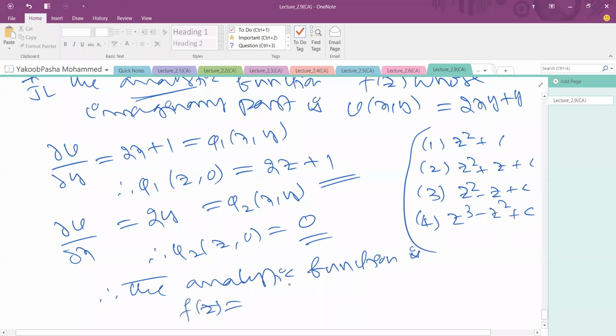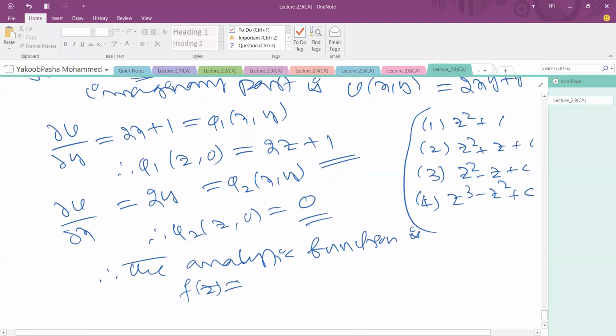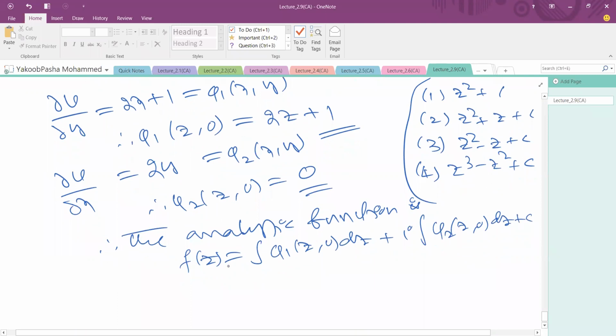I am writing the formula. First problem, so I will write the formula. Integral φ1 of (z, 0) dz plus i into integral φ2 of (z, 0) dz plus c. If there is a c, write c; sometimes c is not mentioned. That is equal to integral of 2z plus 1 dz plus, since φ2 of (z, 0) is 0, write 0.